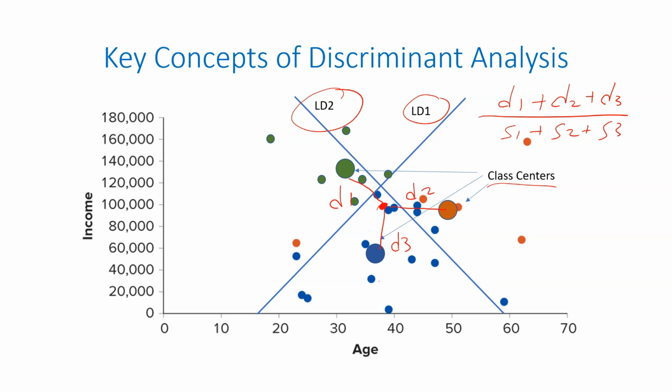In this case, since there are three classes, we'll have n-1, or two, discriminant functions, as you see in the diagram. So this is how discriminant analysis works theoretically.